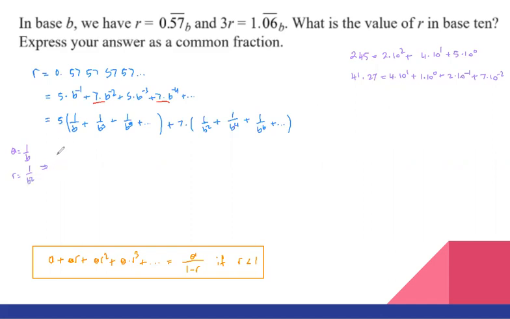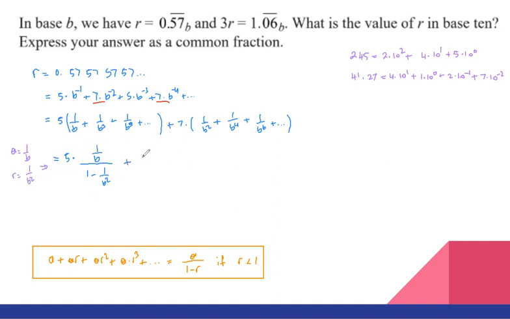So based on that, I can continue this: that would be 5 times. Our first term is 1 over b, over 1 minus our common ratio, 1 over b squared, which gives the sum of the numbers in that series. That is the first part, 5 times the parenthesis is equal to this.